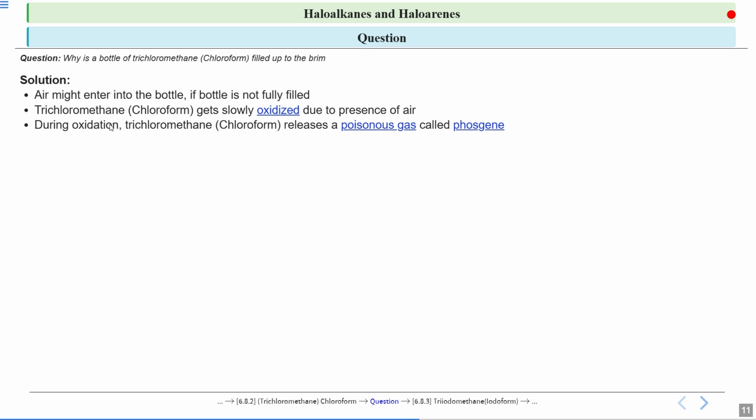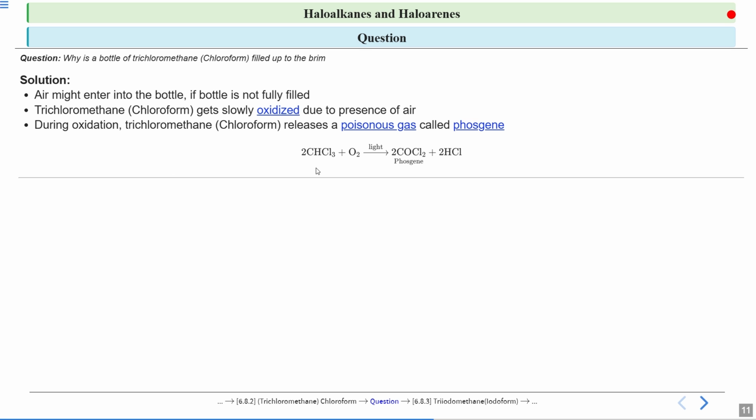And during the oxidation process, the trichloromethane releases a poisonous gas which is called phosgene. So the product that you get after the interaction of chloroform with the air is called phosgene, and this is also a poisonous gas, very, very harmful.